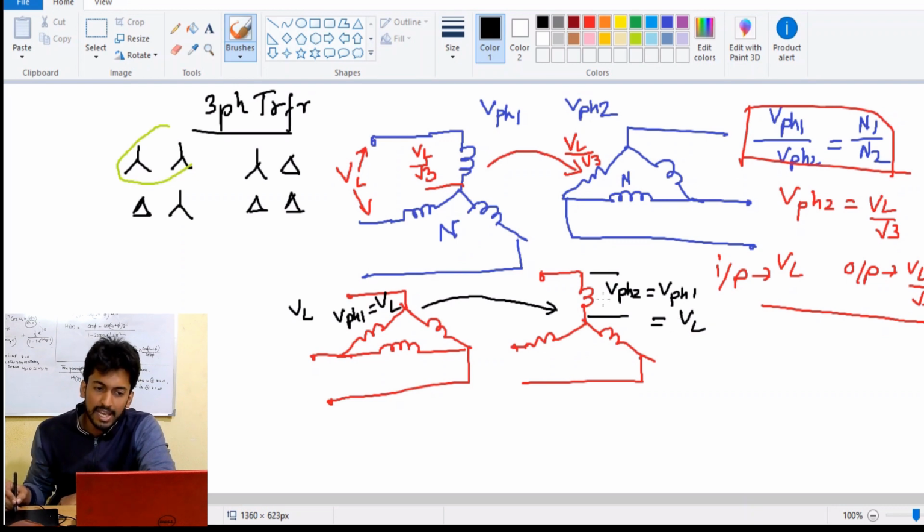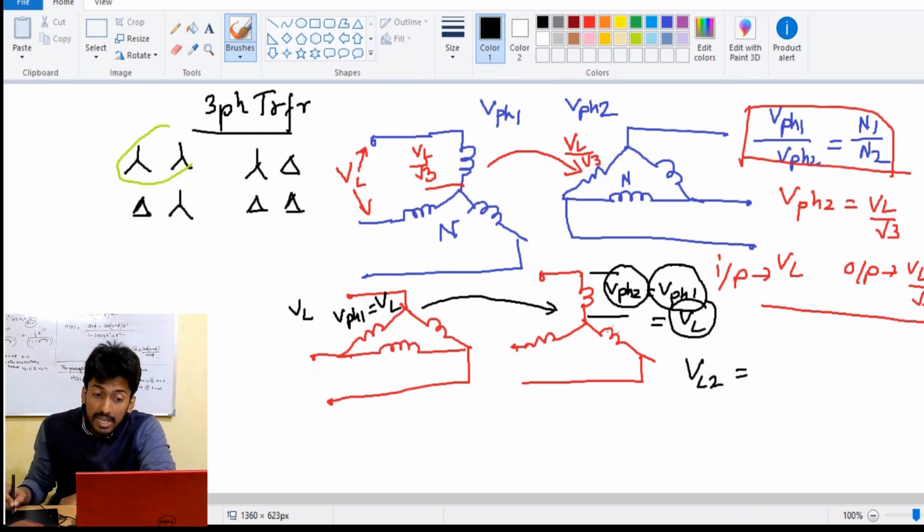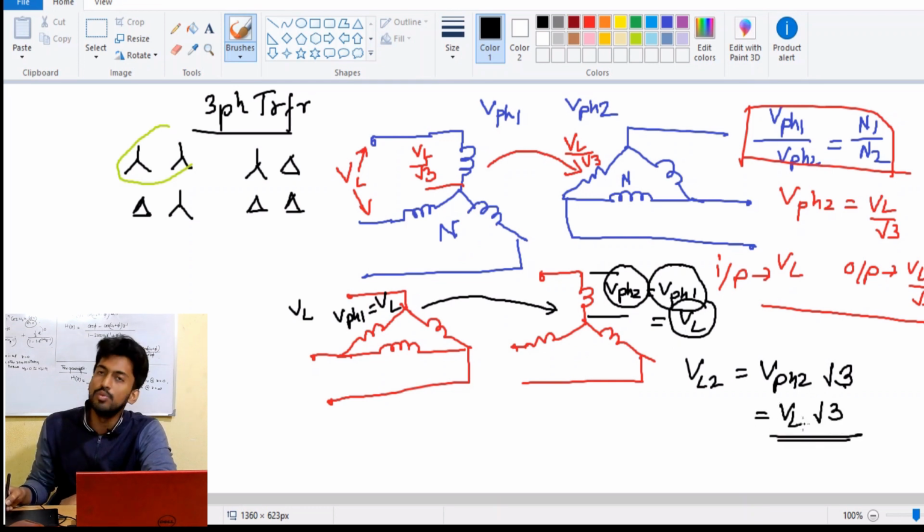Now if this is VL, what is the line voltage formula for this? VL is actually the phase voltage of the delta star connection. So what is the line voltage of the star connected transformer part? That will be V phase 2 into root 3. Means this VL will be multiplied with root 3.